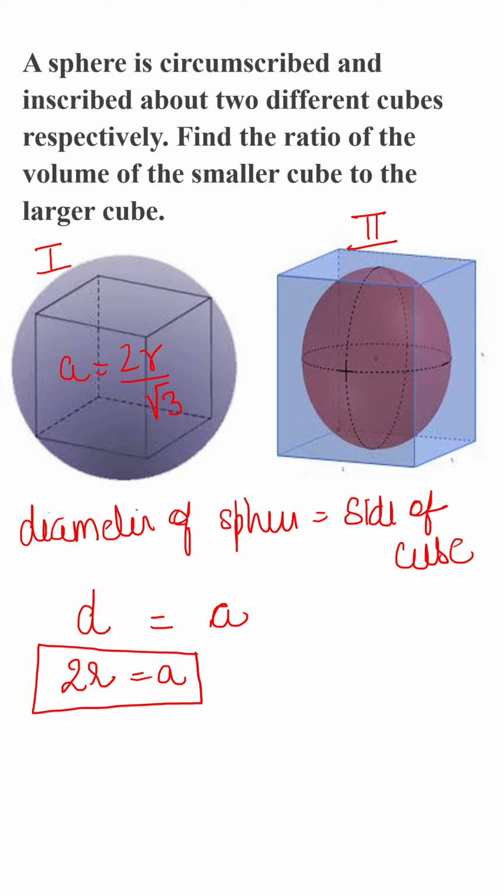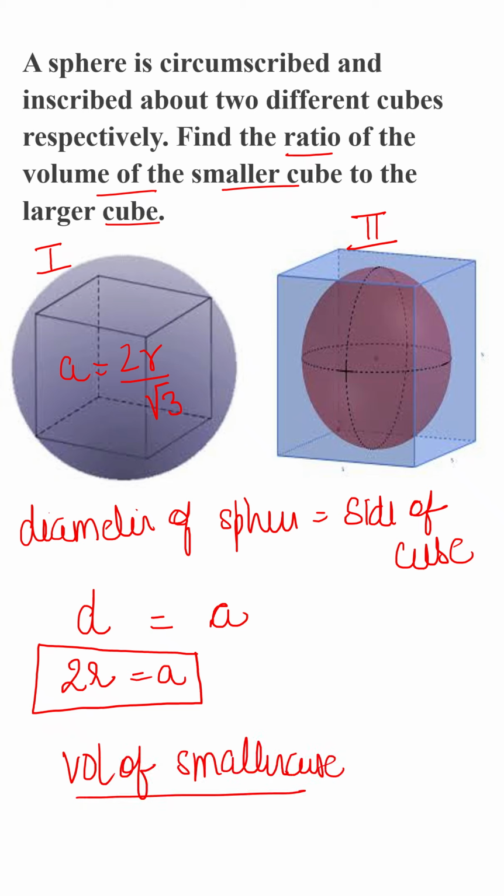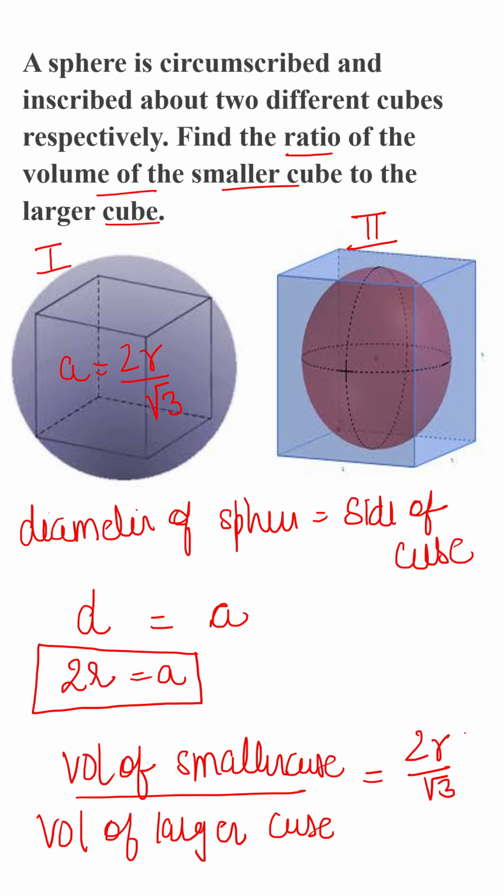Let's find the ratio of the volume of the smaller cube and the larger cube. So which one is the volume of the smaller cube? Where the cube is inside. Volume of the larger cube is where the cube is outside. So the volume of the smaller cube is a cube, 2r upon root 3 whole cube, and here 2r cube.